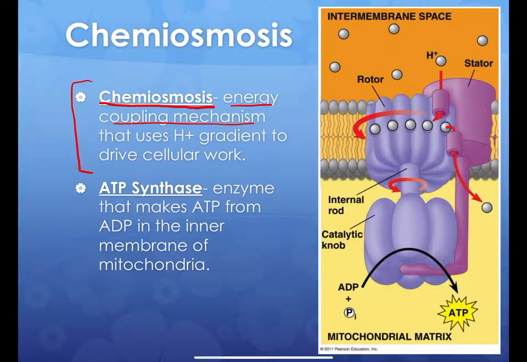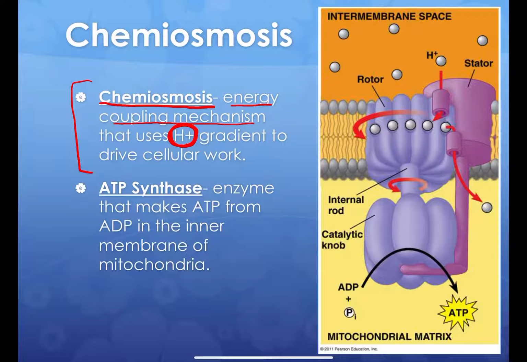Remember, when we talked about osmosis, it was water moving down a concentration gradient. I'm going to come back to chemiosmosis in just a minute, so don't get too torn up if you don't fully understand that yet. But we're not going to move water down a concentration gradient. What we are actually focusing on instead of water is these hydrogen ions that I've just been mentioning. So we've got a hydrogen ion gradient, and it's going to drive cellular work, okay?